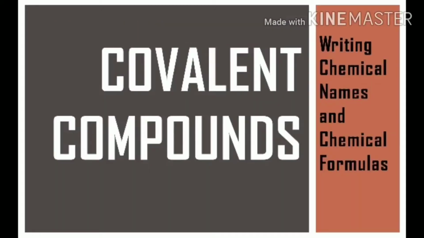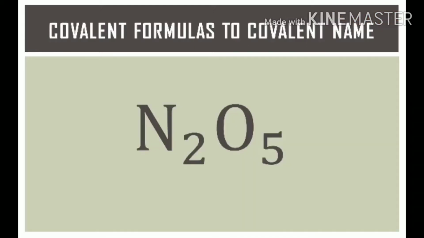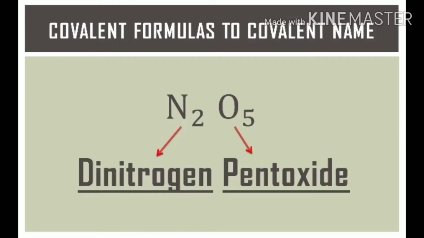Okay, let's answer the second example, which is N2O5. As we all know, N is nitrogen and O is oxygen. So what do you think is the answer? Well, the answer is, ta-da! N2O5 is equal to dinitrogen pentoxide.